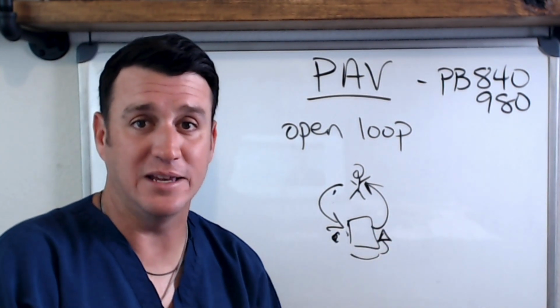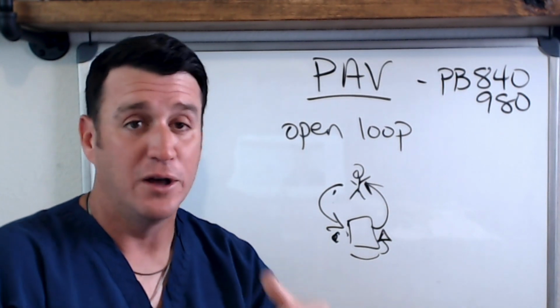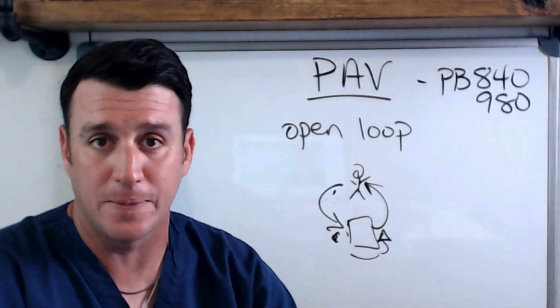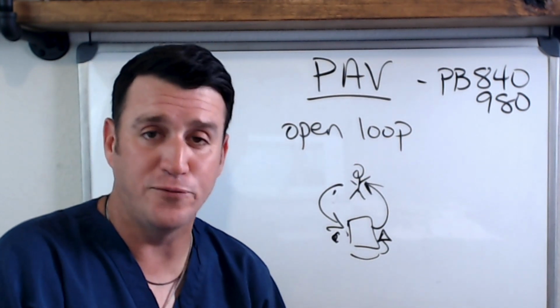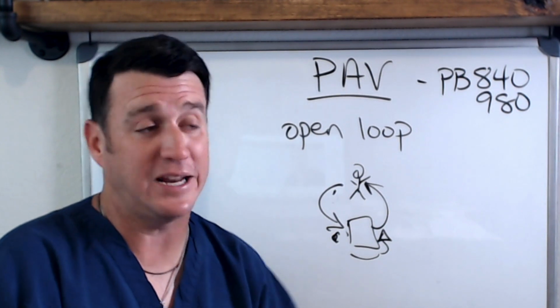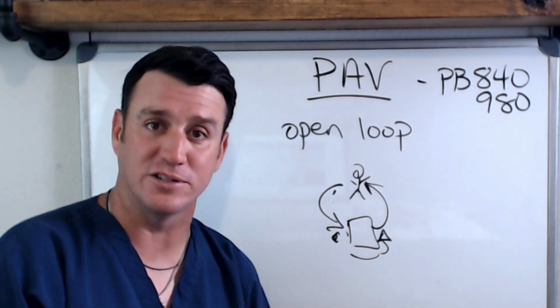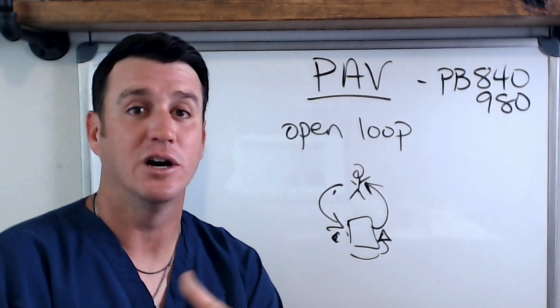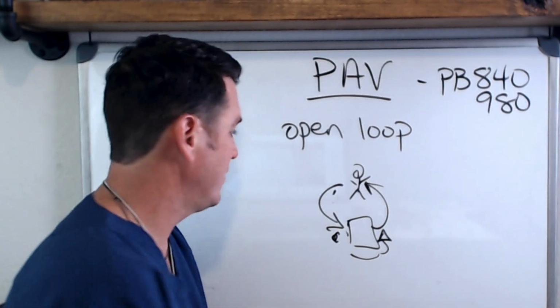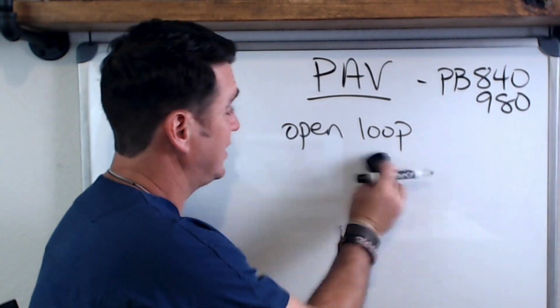Same thing in volume assured pressure support. Tidal volumes go down, the vent says, no worries, I'll give more pressure support. Okay? Those are open loop forms of mechanical ventilation that take the feedback from the patient and do something different. PAV falls into that category. NAVA is a good example of this category. It works in response to the patient, okay? So you need to know that it's an open loop form of mechanical ventilation.